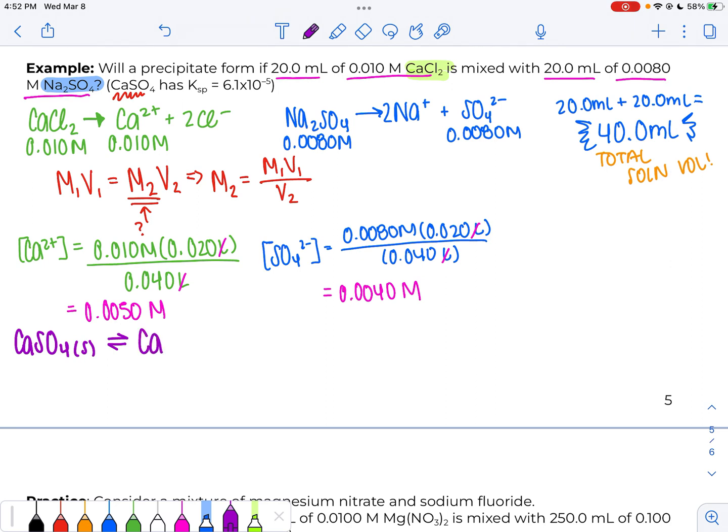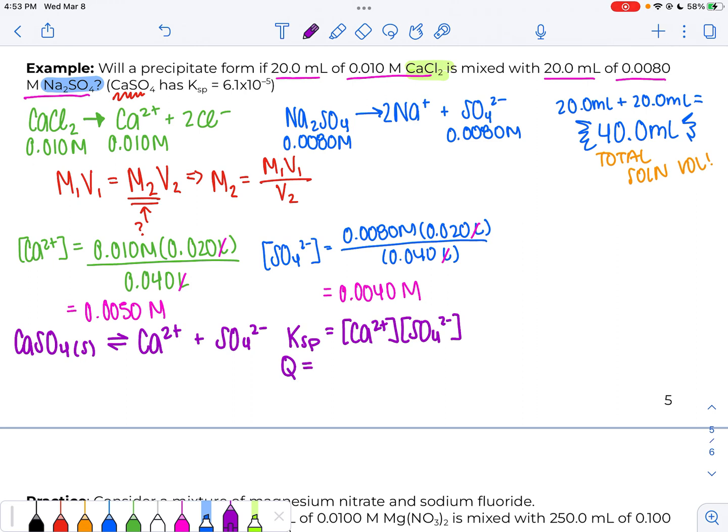So this thing can still break back down into Ca2+ and SO4 2-. So the KSP will be the concentration of calcium times the concentration of sulfate. But we're going to calculate a Q value. It's set up the exact same way, it's just that we use our initial concentrations instead.